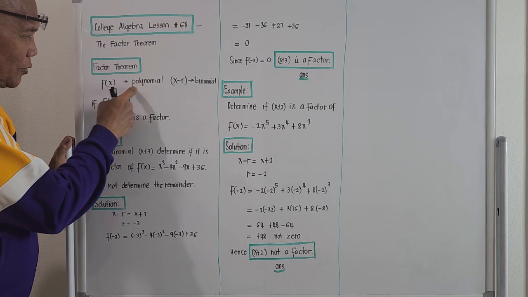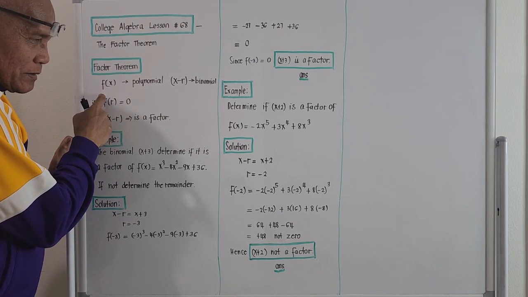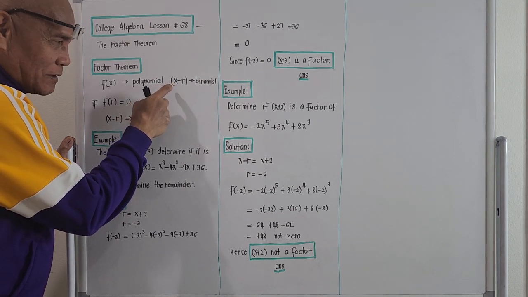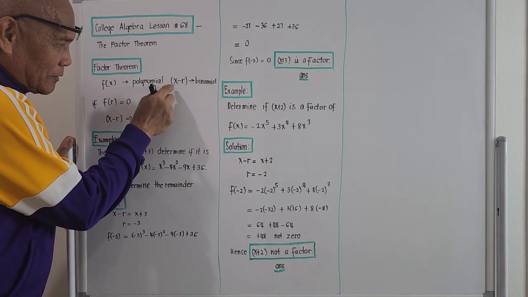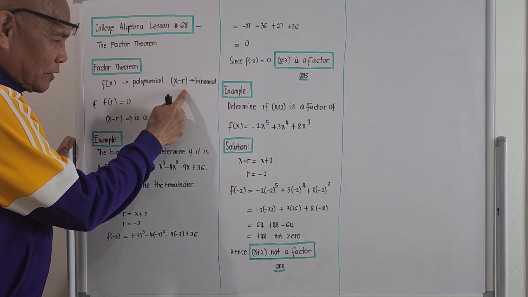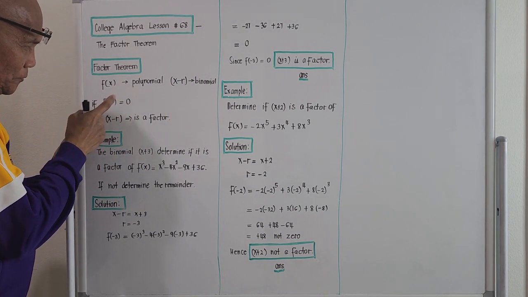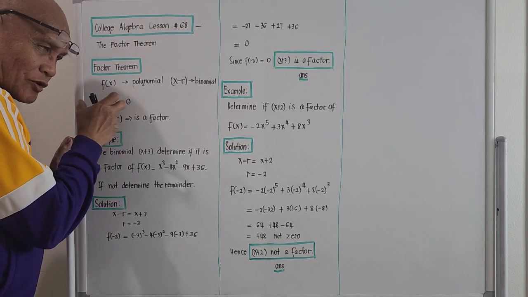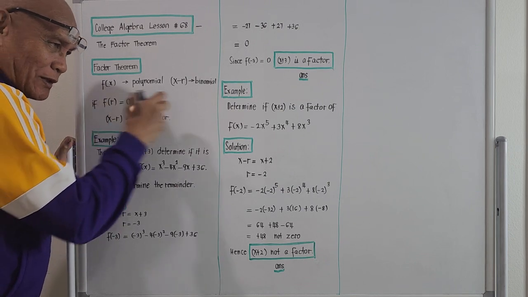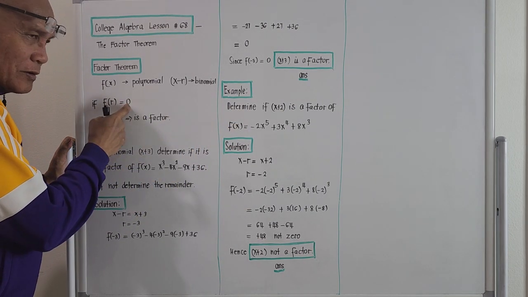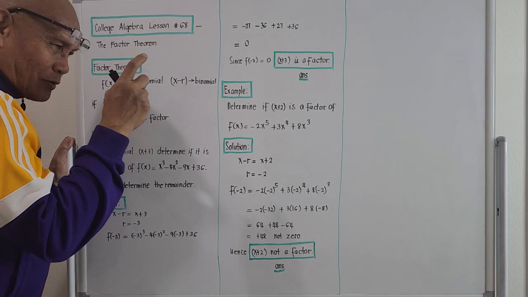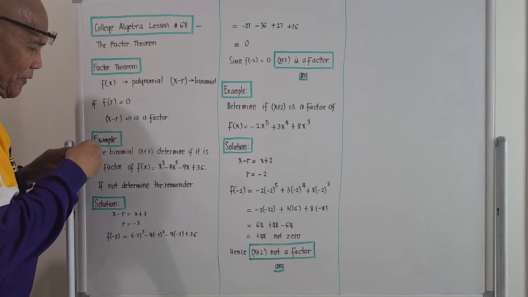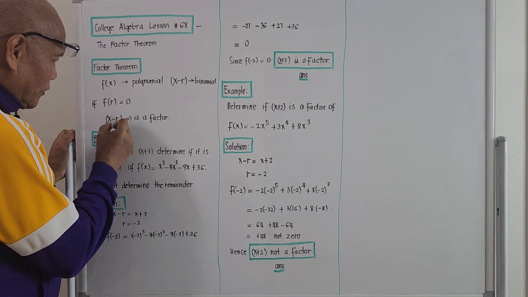If we are given a polynomial f of x, and we divide this polynomial by a binomial x minus r, and we try to substitute the value r into the given polynomial, if what comes out after the simplification is 0, we can conclude that the factor x minus r is a factor.